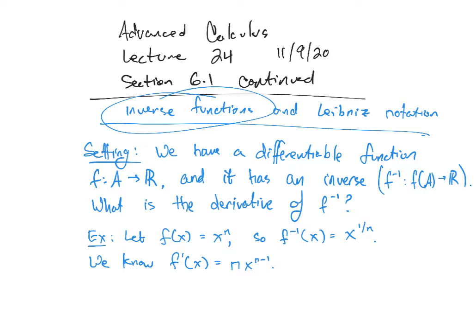We did that straight from the definition. We just expanded the fraction and computed that limit. But what we haven't done is take the derivative of x to the 1 over n. Okay, I mean, you know the answer from calculus, but we haven't proved it here, right? Any questions so far?